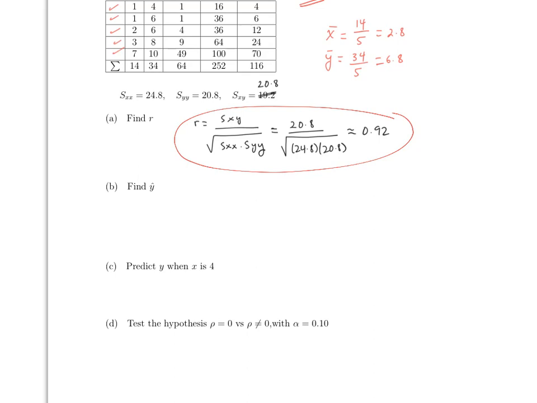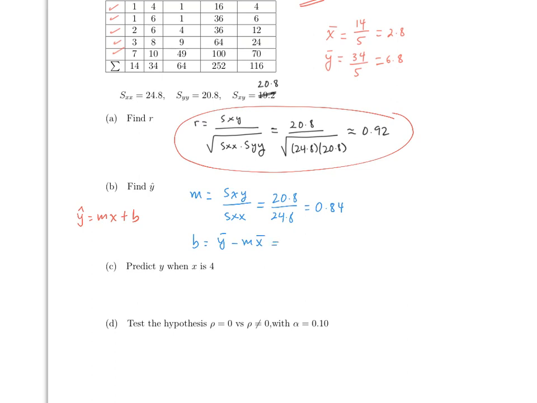Y hat requires that you find m and b. m, remember, is equal to S of xy over S of xx. So this is 20.8 divided by 24.8, which is around 0.84. Now b is equal to y bar minus m times x bar.